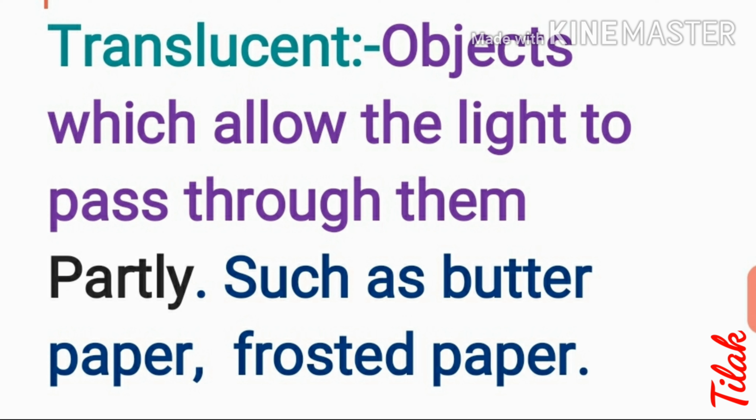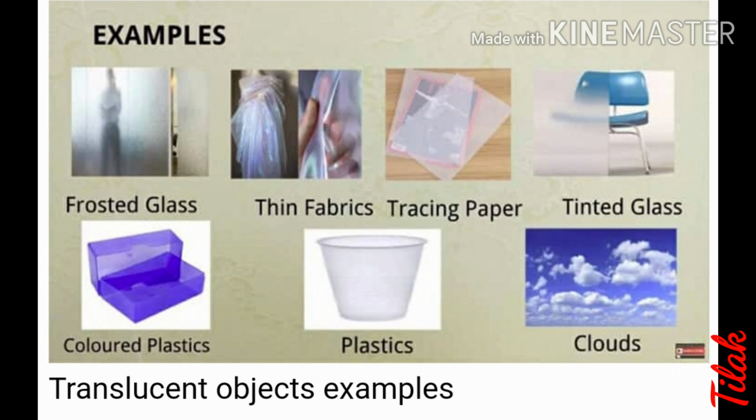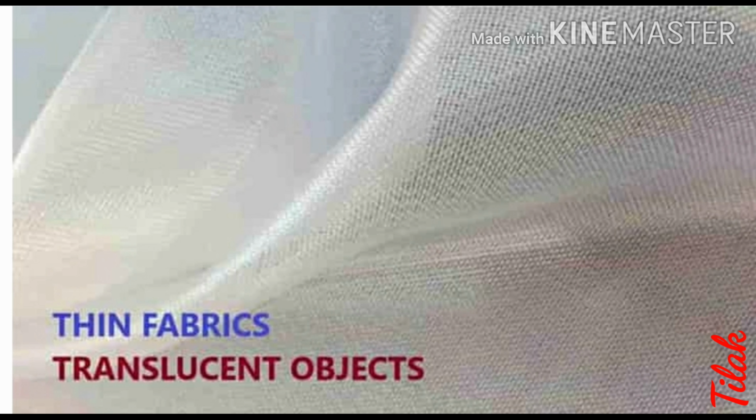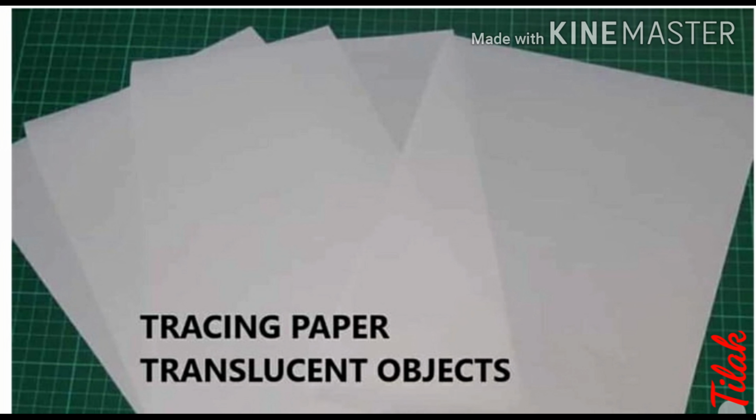So objects which allow the light to pass through them partly are called translucent objects, such as frosted glass, thin fabric, tracing paper, tinted glass, etc. Let us understand why thin fabric, butter paper, and frosted glass are translucent, because very little light passes through them and we are not able to see clearly through them, right?